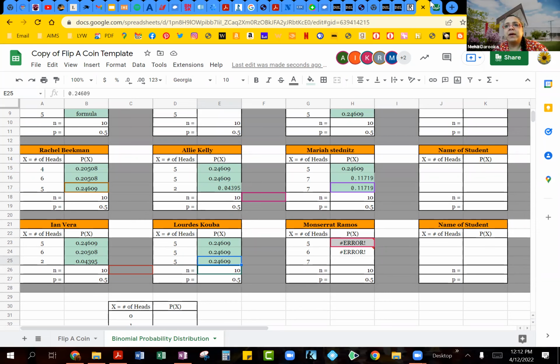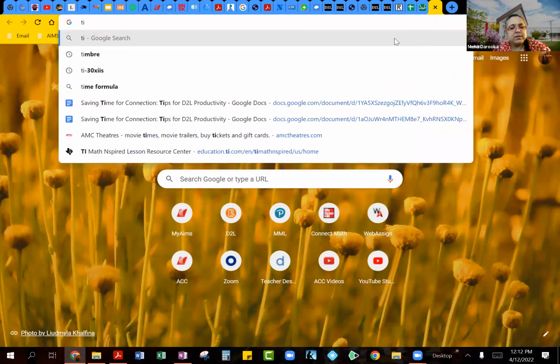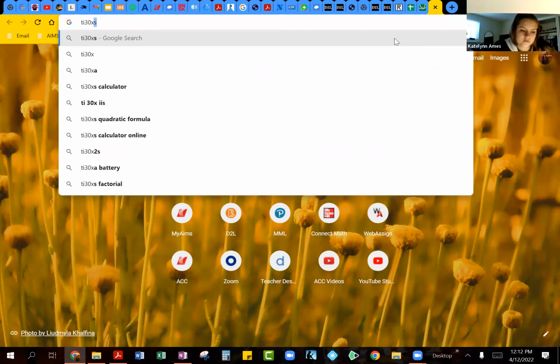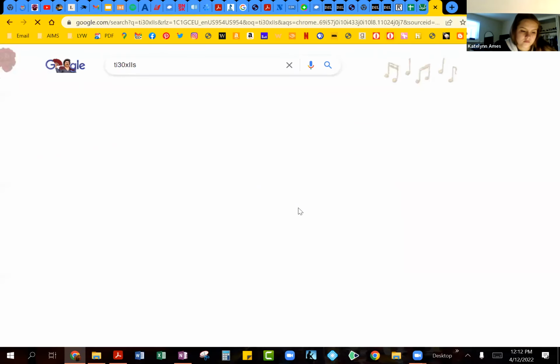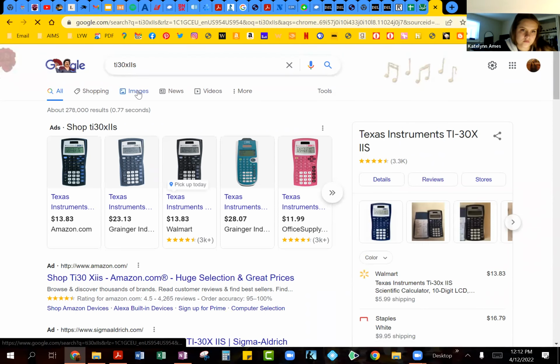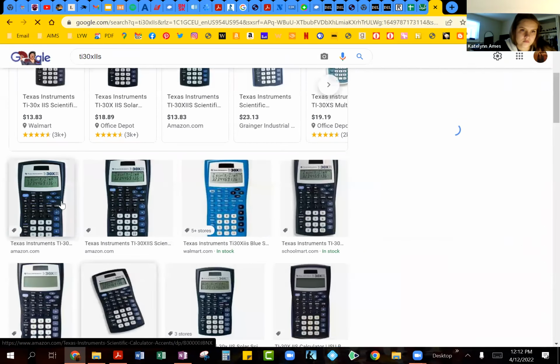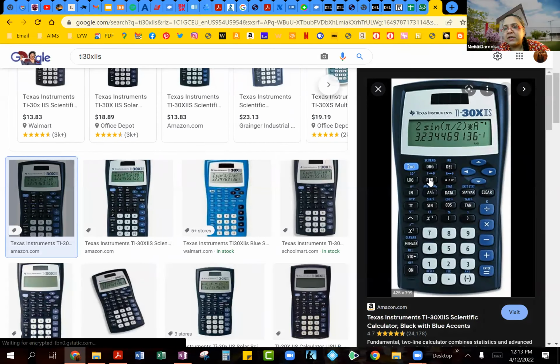let me pull that up here. TI-30X. Okay, so it's actually under the probability button that you are going to find the nCr key.